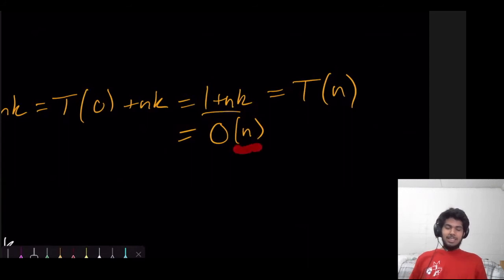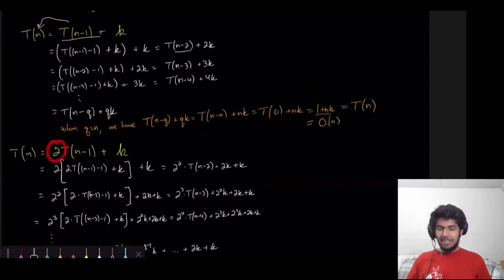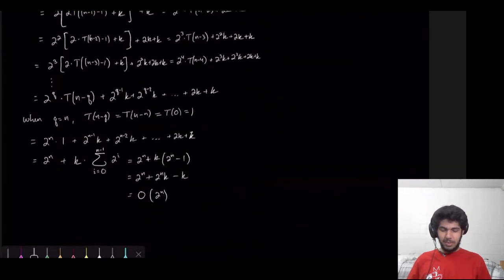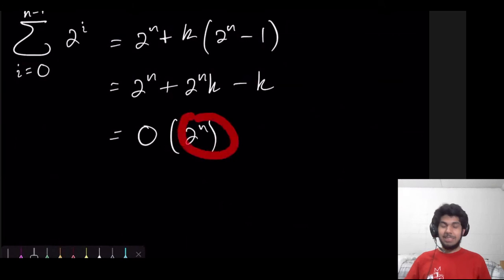What this means is that it takes O of n time to read an input. To have an algorithm that runs in the time it takes to read an input, that's pretty fantastic. Just by adding this constant 2 here, we get big O of 2 to the n. This is an exponential time algorithm, which is terrible.